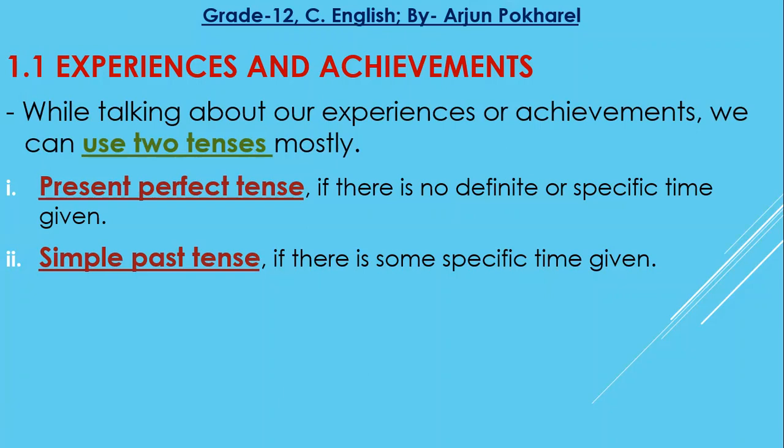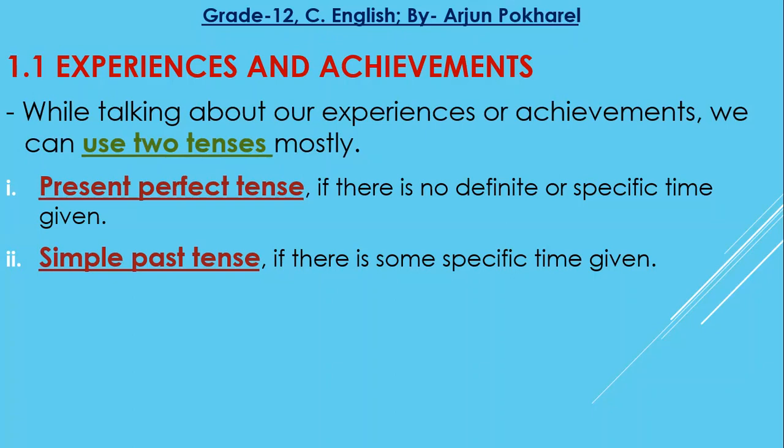The structure of present perfect tense is subject plus has/have plus V3, and V3 is the past participle form. The structure of simple past tense is subject plus V2 plus object, and V2 means the past form.